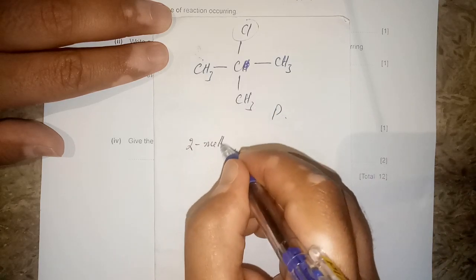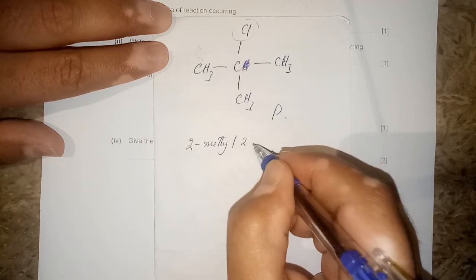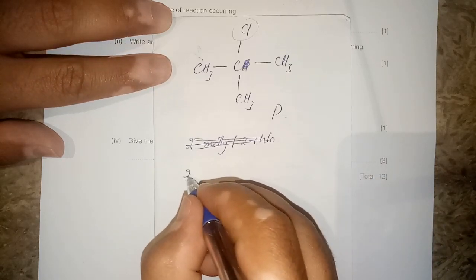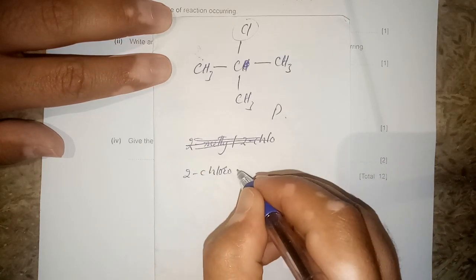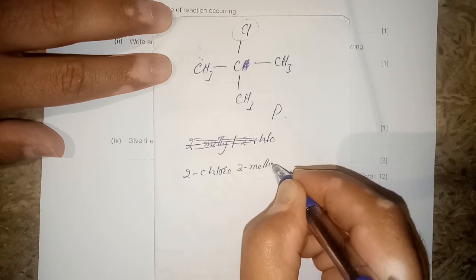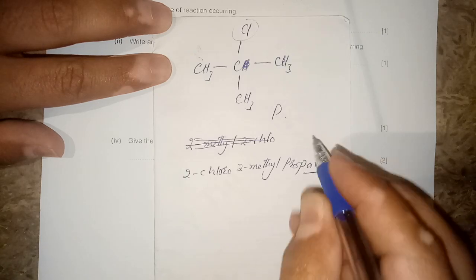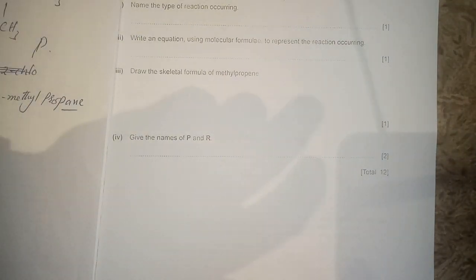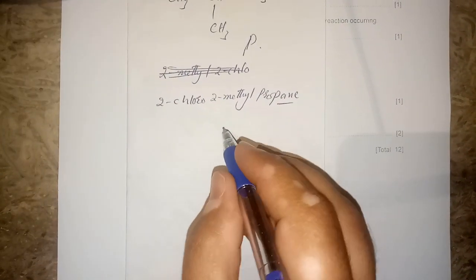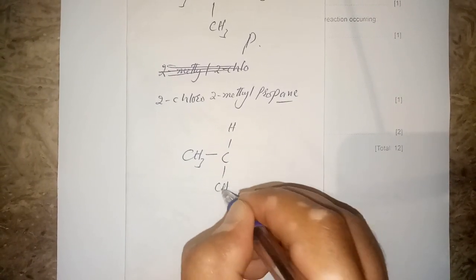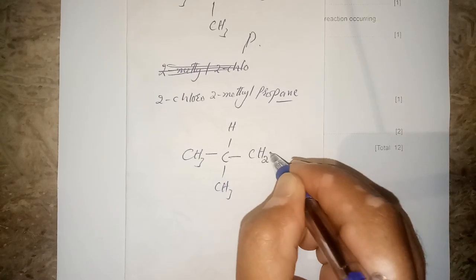Sorry, you have to follow the alphabetical order: 2-chloro-2-methylpropane. So this may be P, and then we have to write the name of R. The other one is, if I draw it, CH3 CH CH3 and then CH2Cl.